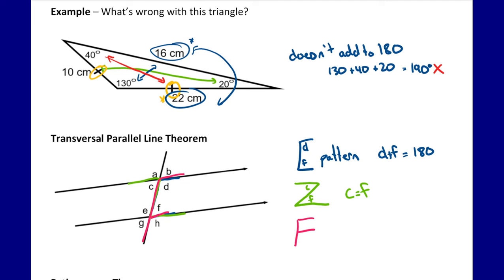The F pattern would state that in our example, D and H are equal. So it's about recognizing some characteristics or patterns that we can use to help us find other pieces of information.